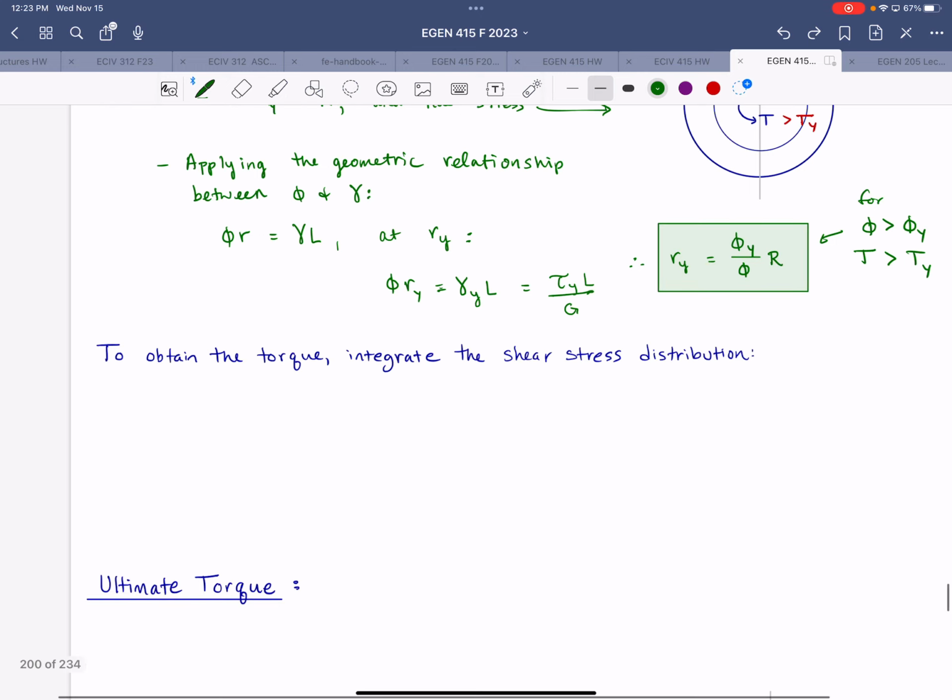All right, so in order to get the torque, we will integrate the shear stress distribution, as usual.